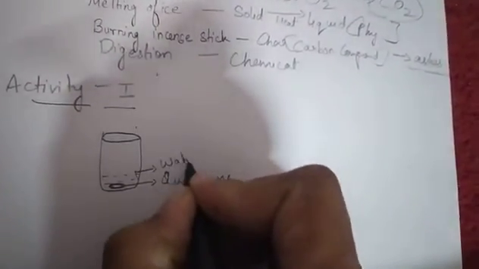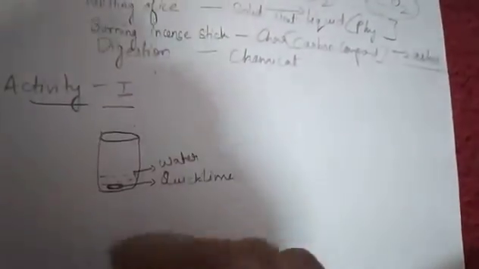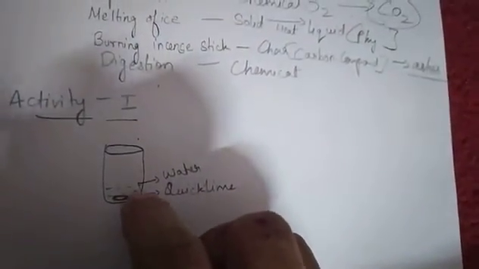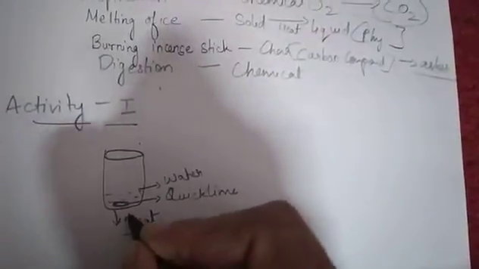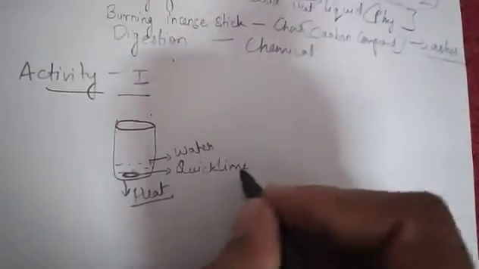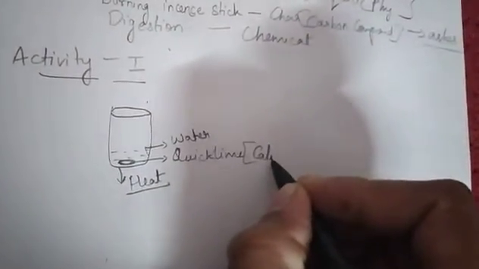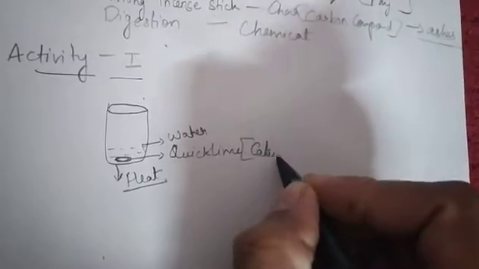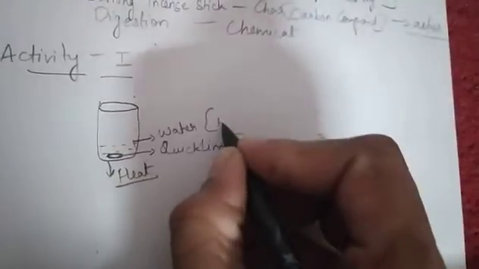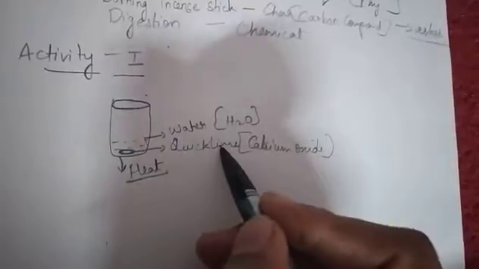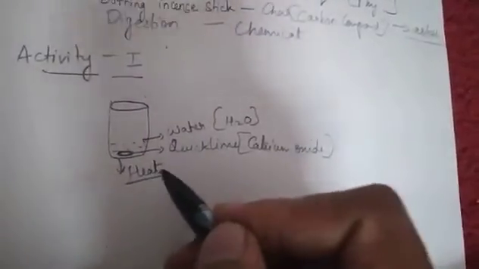After a few minutes, when you touch the glass of the beaker, you will find heat. Quicklime is nothing but calcium oxide, and water is H2O. So when quicklime reacts with water, heat energy is liberated.